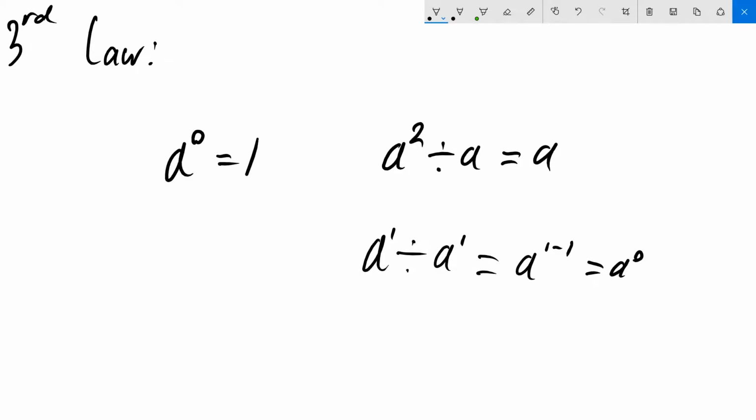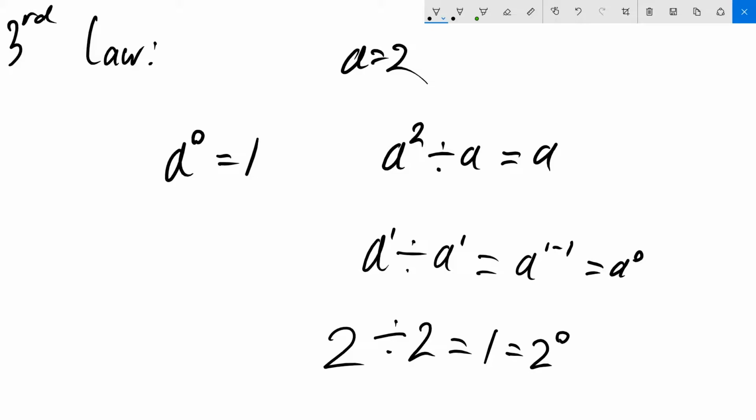So if we plug in 2 is equal to a, we get 2 divided by 2 is equal to 1. And that makes sense because it's just 2 to the 0. Remembering that if it doesn't have an index, it's just to the power of 1. Okay, so let's move on to the fourth law.